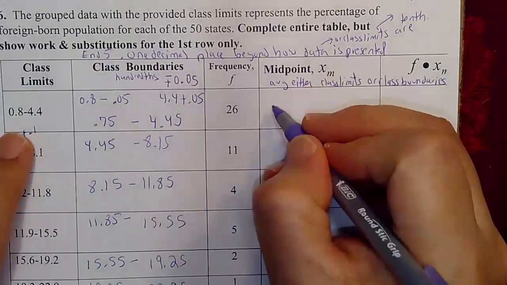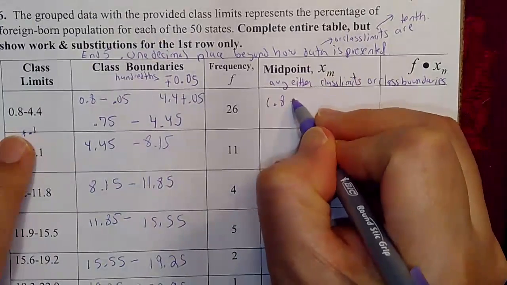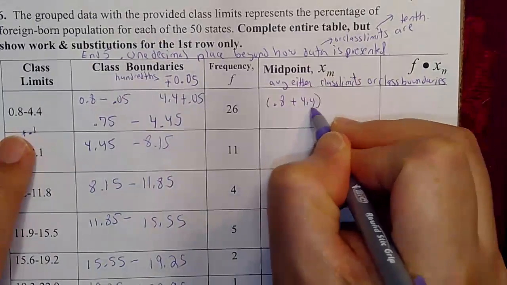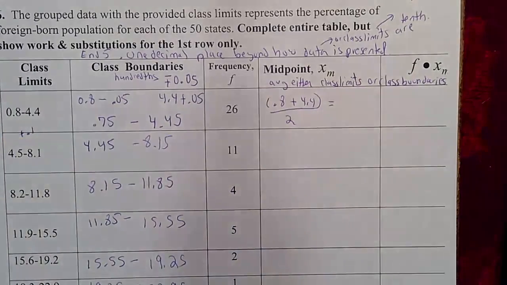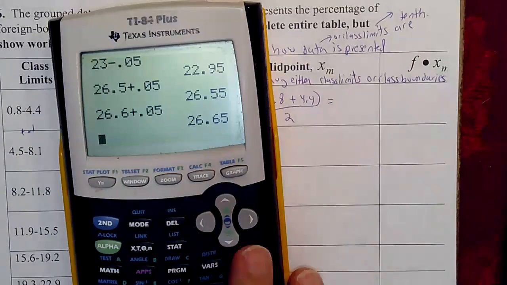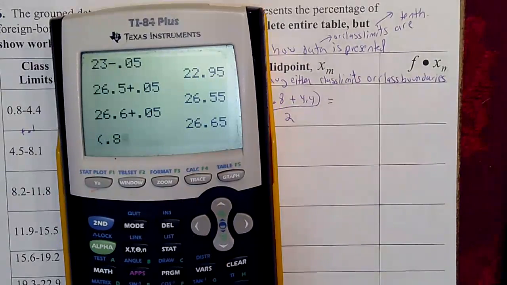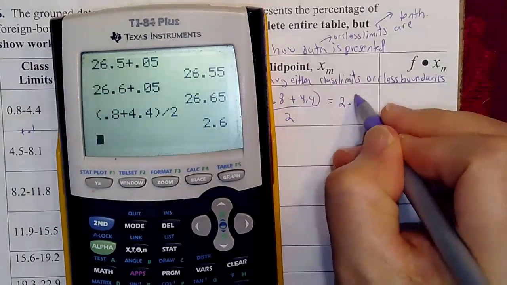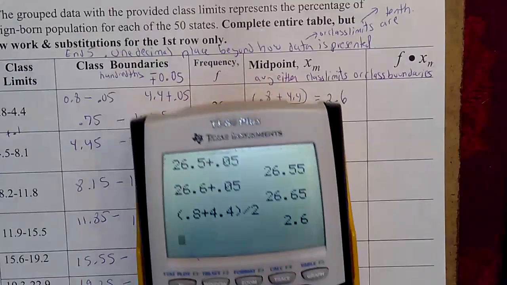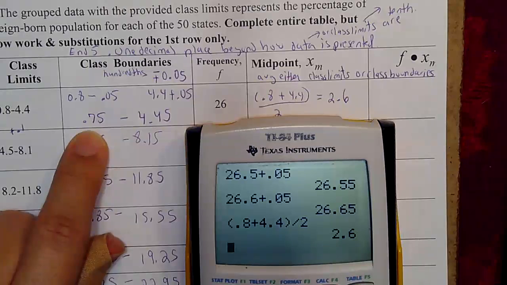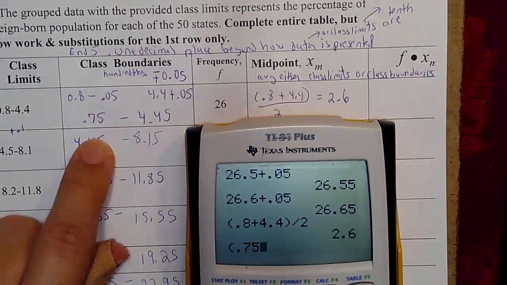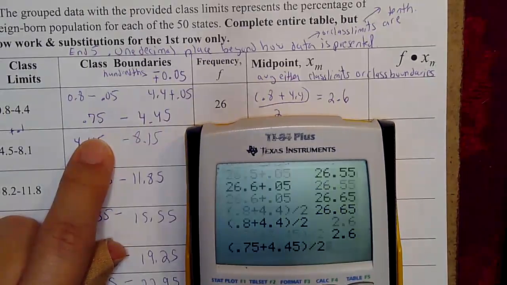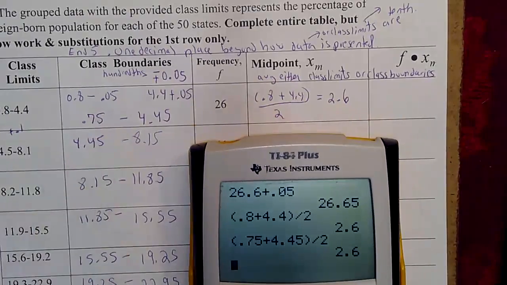You would do 0.8 plus 4.4 and then divide by 2. In my calculator, parenthesis 0.8 plus 4.4, close parenthesis, divided by 2 gives me 2.6. If you wanted to do the class boundaries, you would do parenthesis 0.75 plus 4.45, close parenthesis, divided by 2, and we should get the same thing. See?